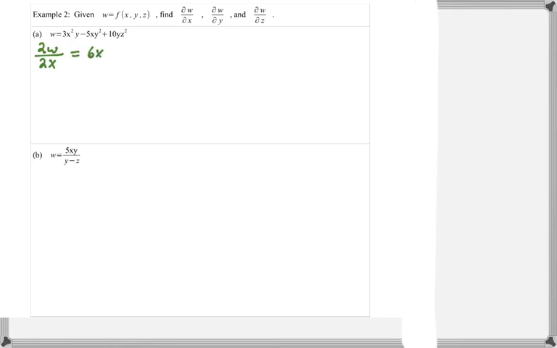So it'd be 6x, and then y is treated as a constant factor. And then minus 5, and then the derivative of the x will be 1. And the y is a constant, so just like the 5, it's still there. And then the 10yz squared is all treated as a constant, so the derivative of a constant is 0. And so this gives us 6xy minus 5y squared.